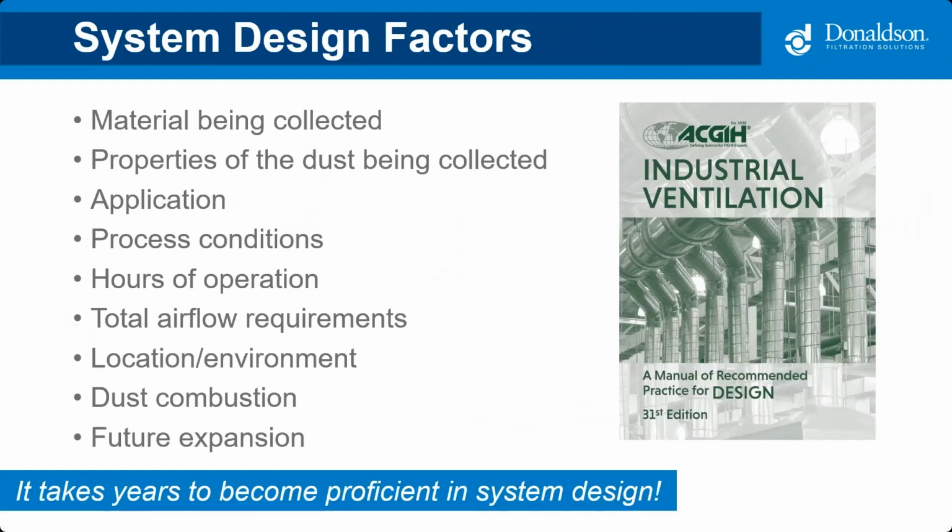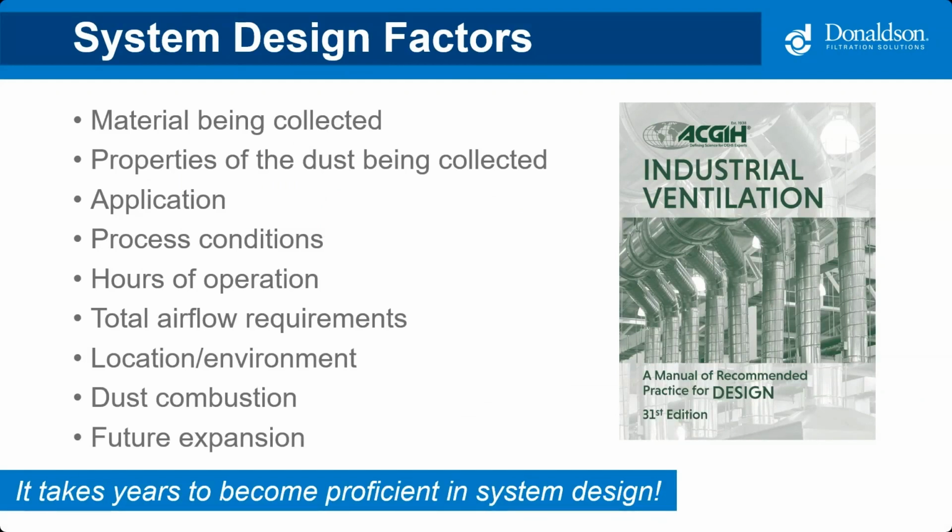So when specialists like Mike design a system, there's lots of factors and variables to consider. It's actually much more complicated than one would think. The publication shown here is the Industrial Ventilation Guide, which is an indispensable resource for proper system design. The vent manual is written by the American Conference of Governmental Industrial Hygienists, or the ACGIH, which is a nonprofit scientific organization that advances occupational and environmental health.